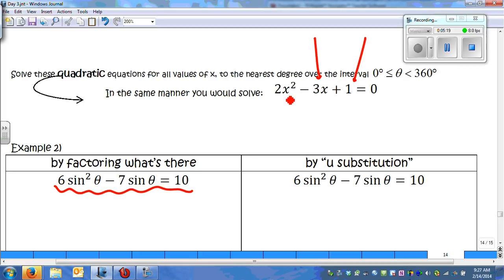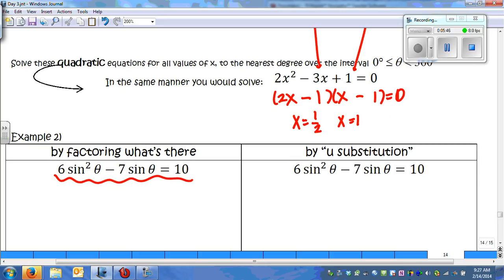If I was asking you to solve 2x squared minus 3x plus 1 equals 0, you would factor 2x squared, the options are 2x and x. For 1, you can only use 1 and 1. In order to make negative 3x in the middle, they both need to be negative. X then equals 1/2, and x equals 1. We're good at solving these quadratics.